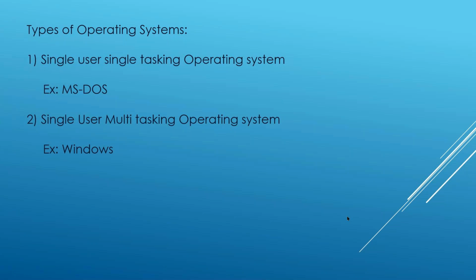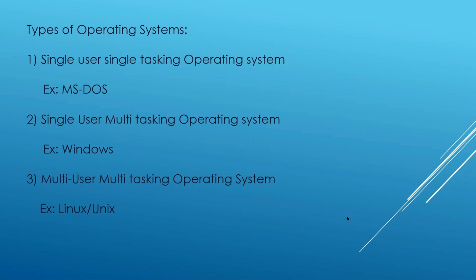Next one is very important. Multi-user multitasking operating system, which is Linux and Unix. Multiple users can log into the system, and they can perform multiple tasks at a time. For example, developers develop the code. As a DevOps engineer or cloud engineer, we deploy the applications on respective target servers.